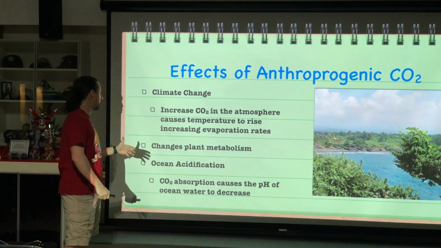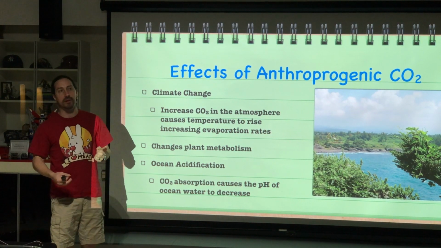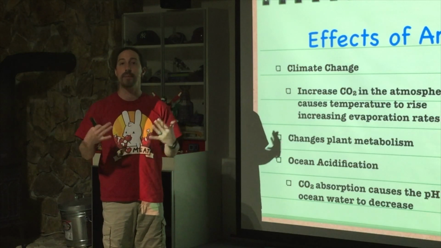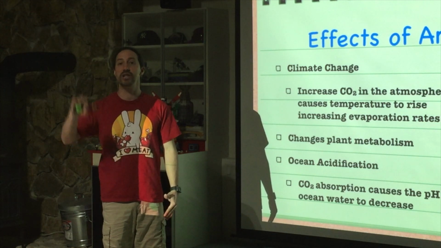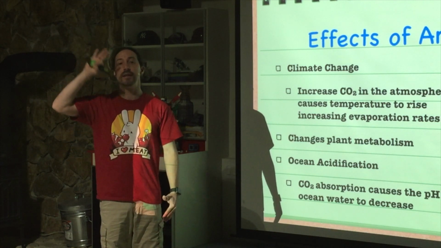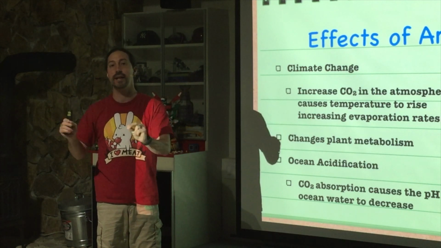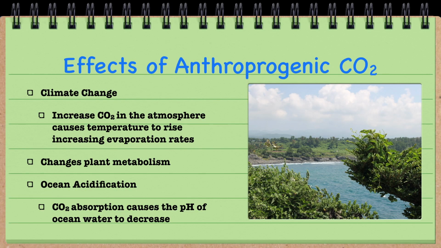The other thing that we're causing is a change in plant metabolism. Plants, as they undergo photosynthesis, are taking CO2 out of the atmosphere. And so as the concentration of CO2 increases, that is going to have an impact upon the photosynthetic rates within the plants. And lastly is ocean acidification. Carbon dioxide in the atmosphere is absorbed by the ocean.